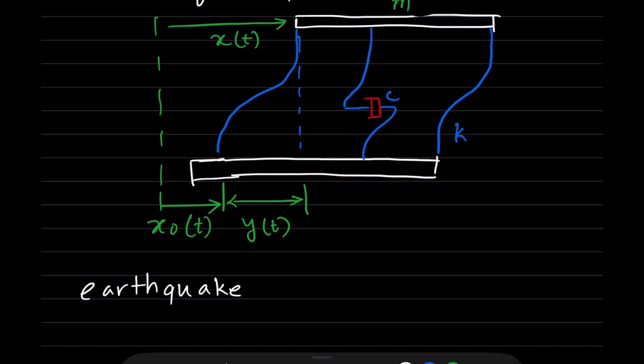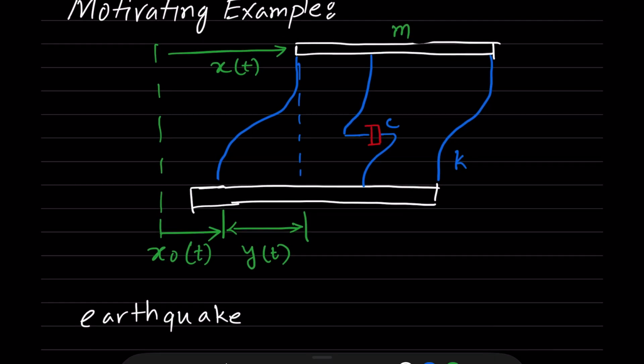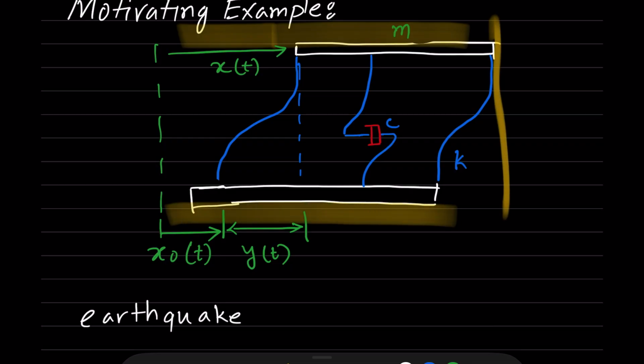Now this shear building that I'm talking about, I'm just highlighting the whole thing. It consists of a rigid girder of mass m supported by columns of combined stiffness k.